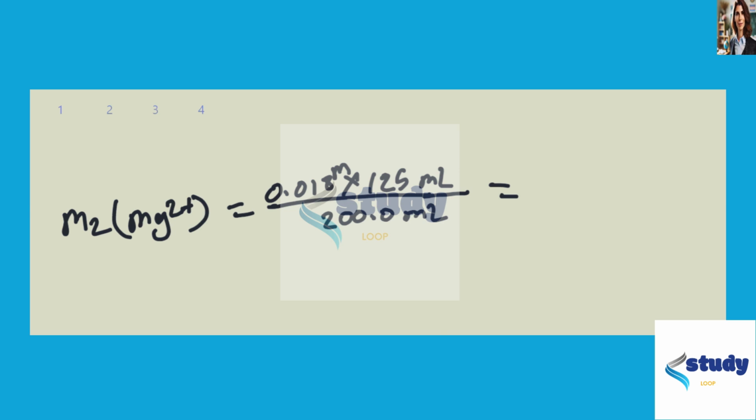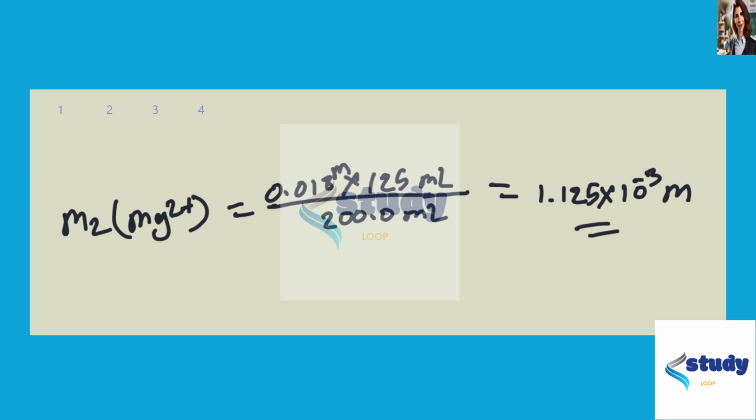Then we will have the final Mg2 plus concentration as 1.125 times 10 to the power minus 3 molar. So this is the final concentration for Mg2 plus.